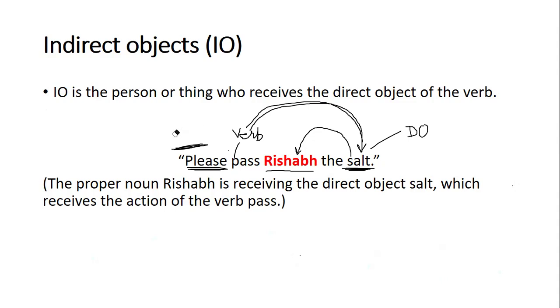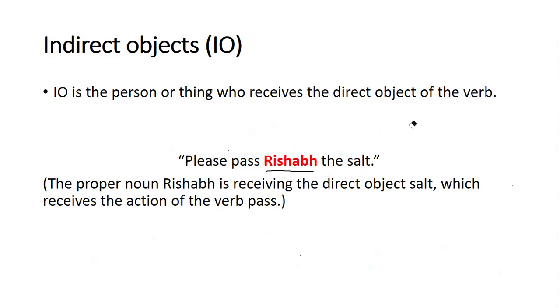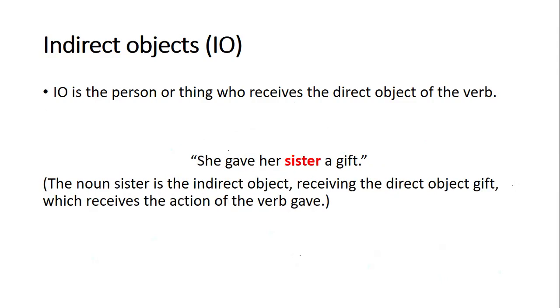So to rectify, find the subject, verb, direct object, and indirect object. I'm very slowly moving towards difficult sentences so that you can very clearly understand the whole concept of indirect objects.